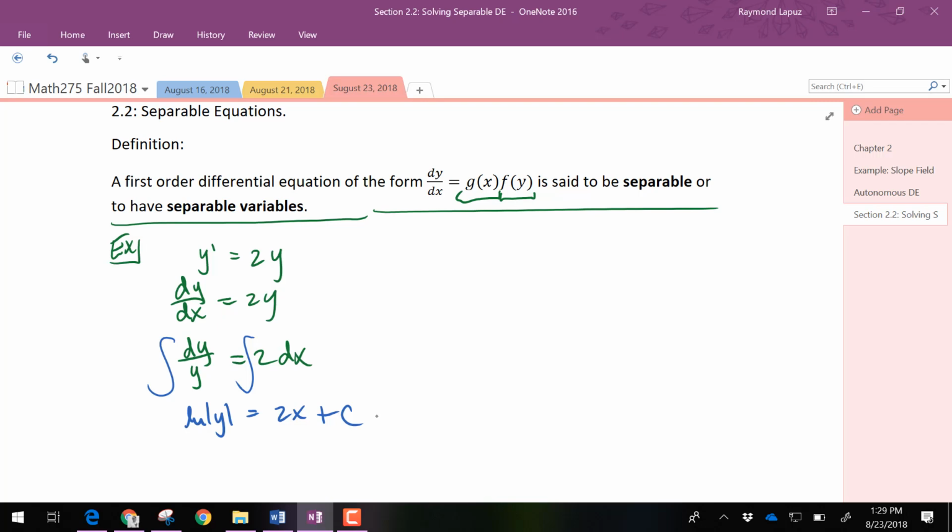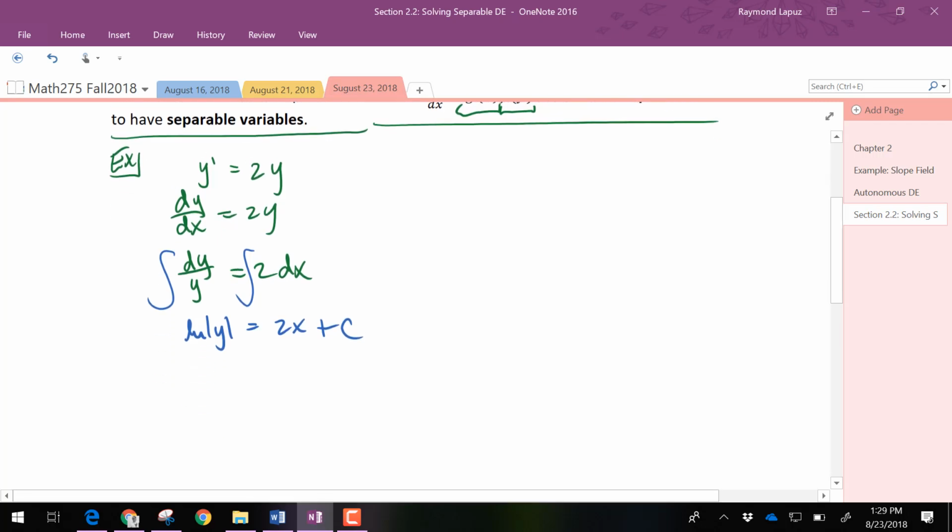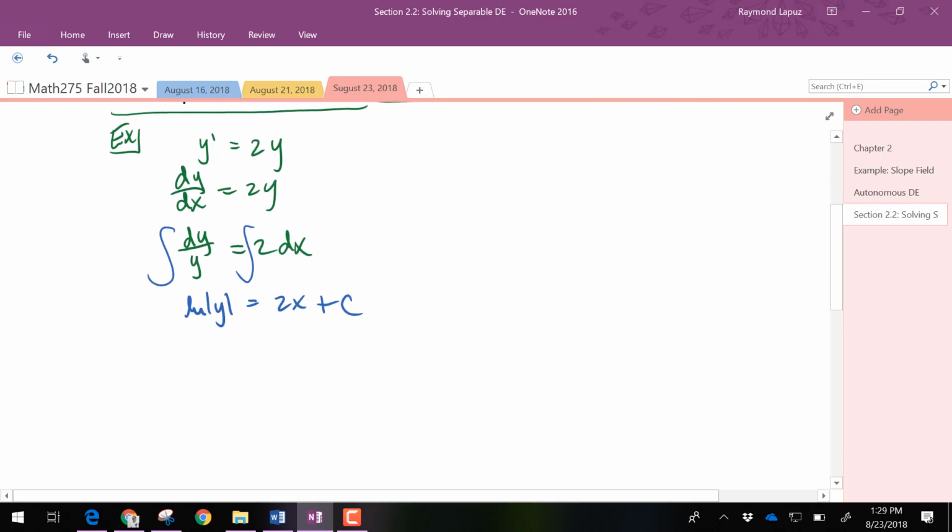Now we have some restrictions with the y, but let's for now kind of ignore this and then keep going. This is an implicit solution, but I can solve for this explicitly by using the exponential function or whatever. So this would be y is equal to e to the 2x plus c.